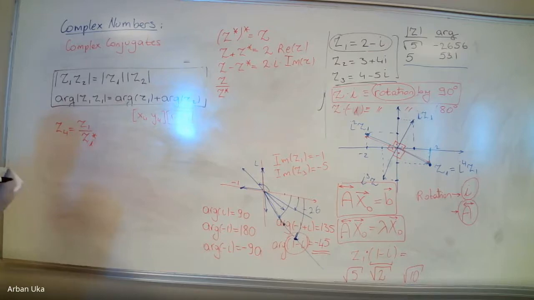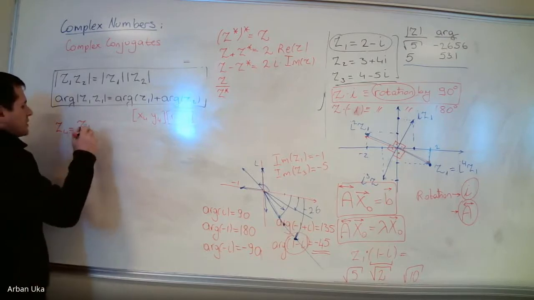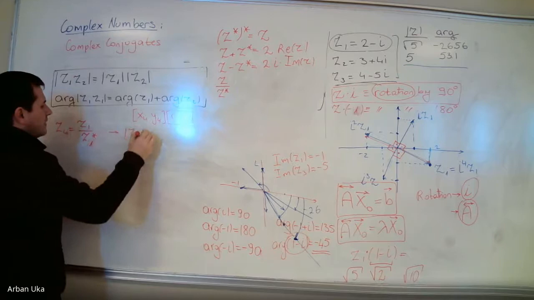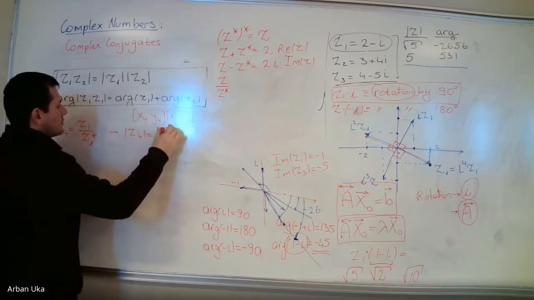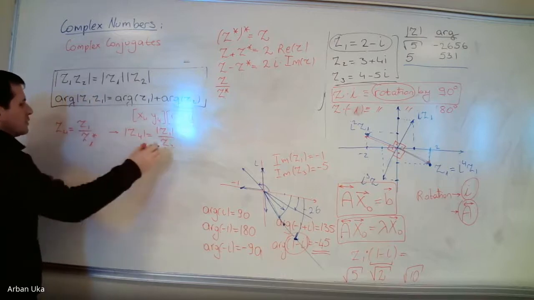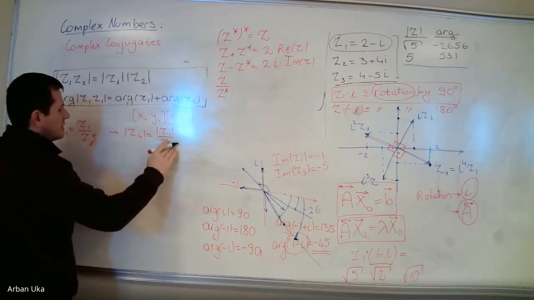This is maybe not the best point because the division is not defined yet, but we can use a couple of arguments that the magnitude of Z4 is going to be equal to the magnitude of Z1 divided by the magnitude of Z1 complex conjugate, in fact, in this case.